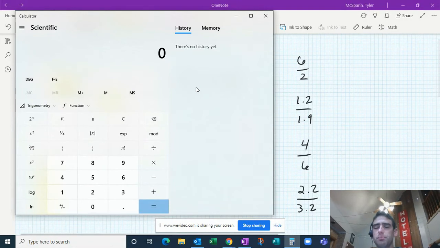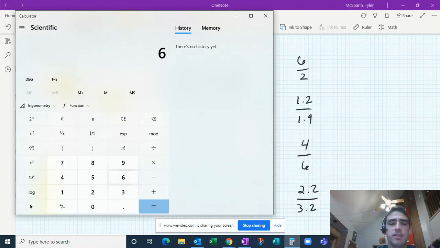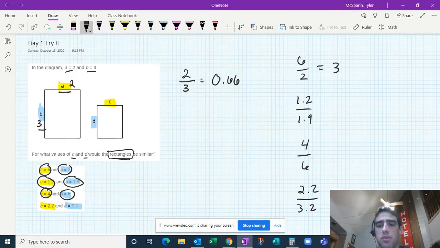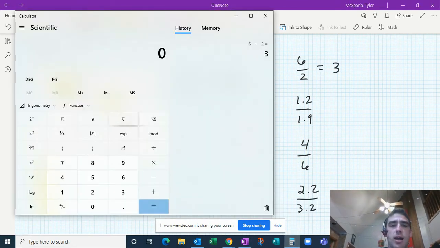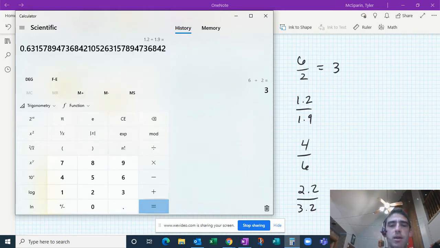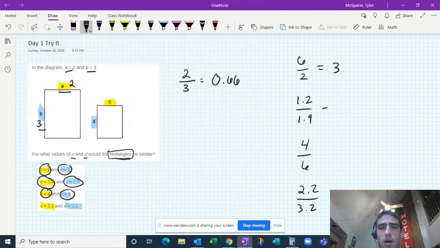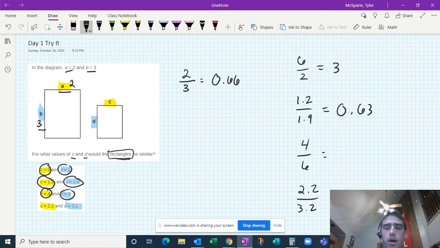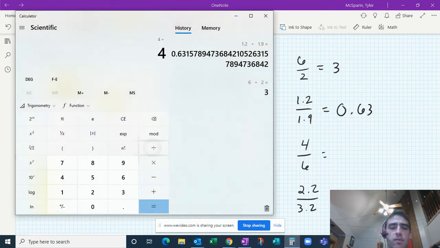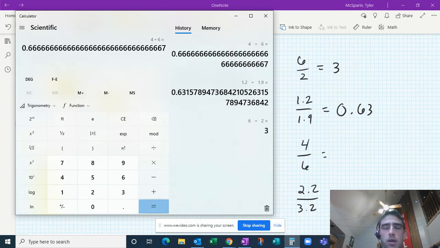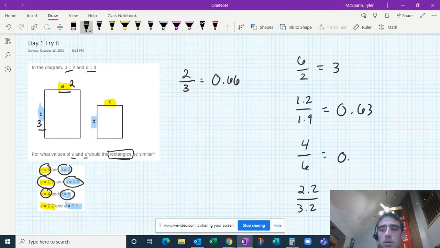All right. So I've got 6 divided by 2, and that is 3. I've got 1.2 divided by 1.9, and that is 0.63. I've got 4 divided by 6, which equals 0.66. It really should be 0.667.